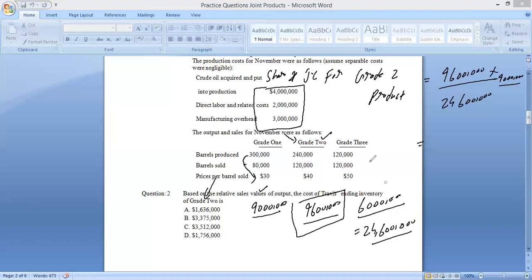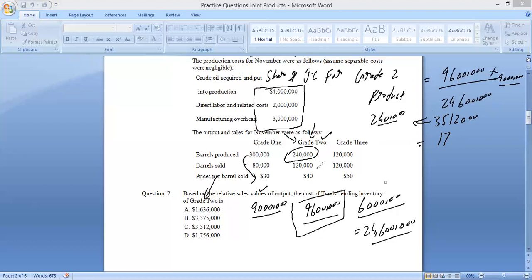Yes, students, so what's your answer? Once you perform these calculations, you will find out that for the overall 240,000 units of grade 2, the total joint cost share is 3,512,000.